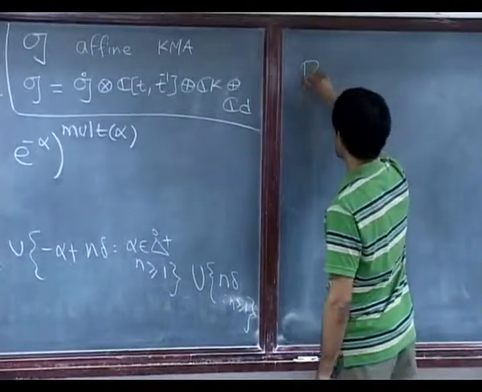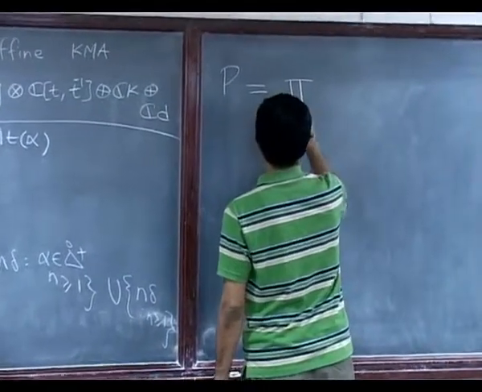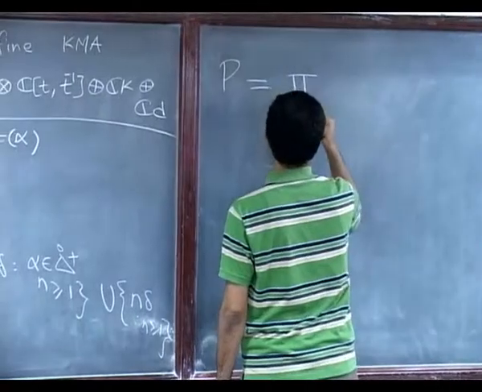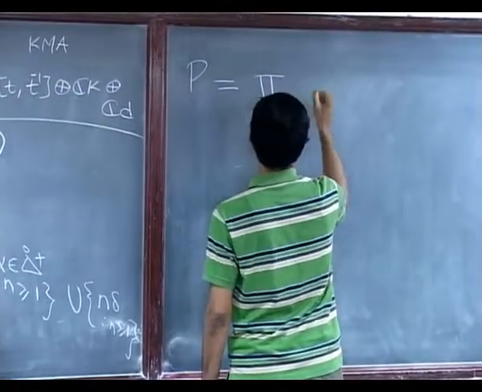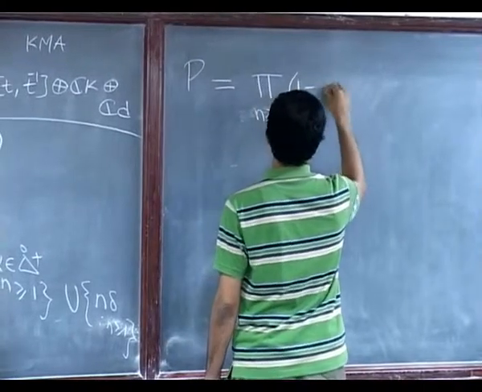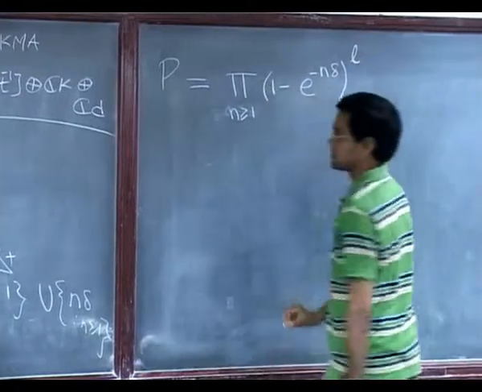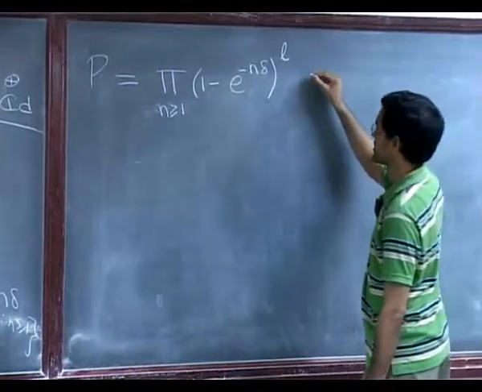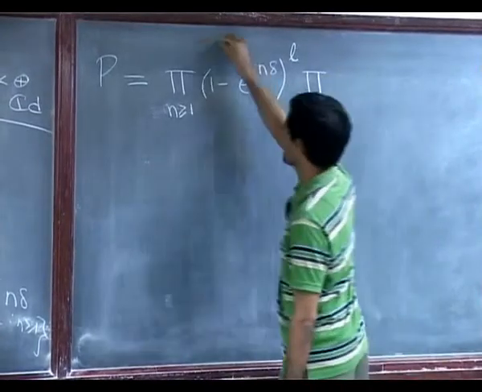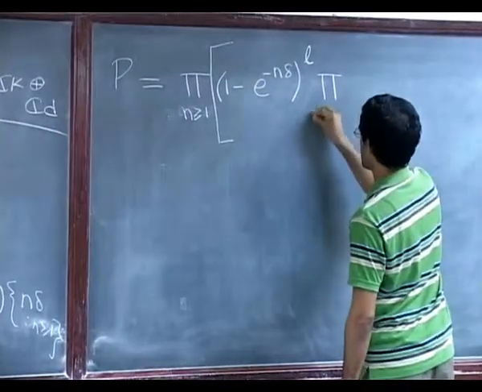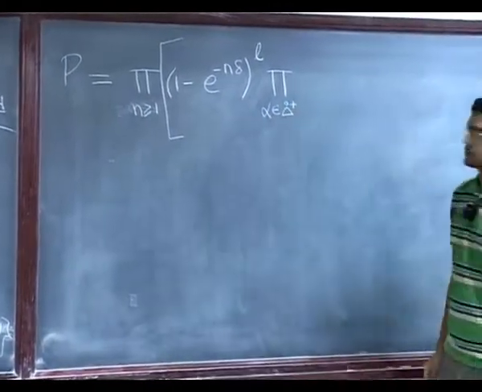So the product side, just call it P, is now a product over all n at least 1. First I have the term 1 minus e to the minus n delta, to the power l. That would just be the imaginary terms. Then I would also have a further product over all alpha in delta naught plus.